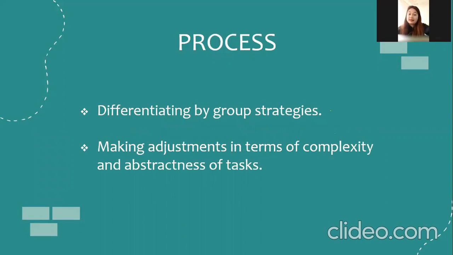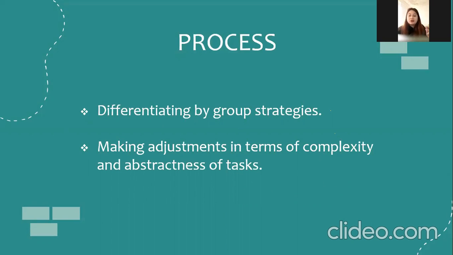Now, the second, process, refers to the ways the students make sense of the input, the how of teaching. A way of differentiating is by grouping strategies. For example, a teacher can group students according to their abilities.